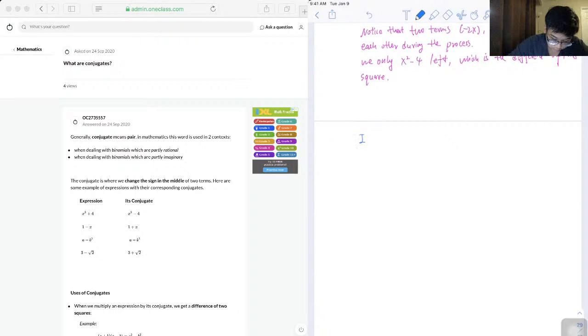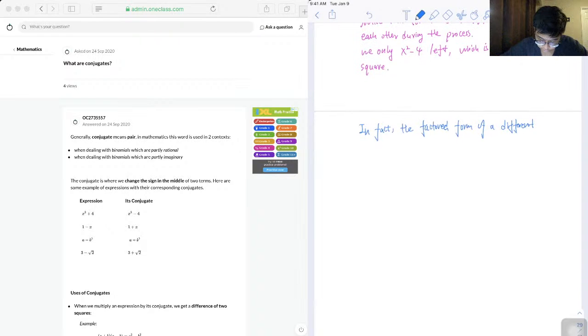And in fact, it's a factor form of a different method.